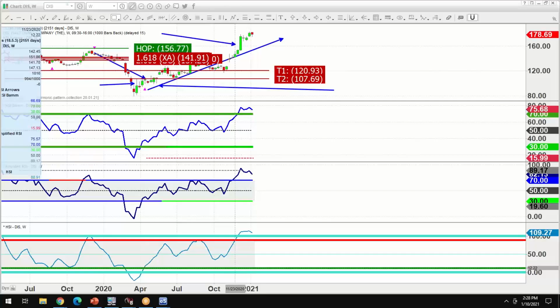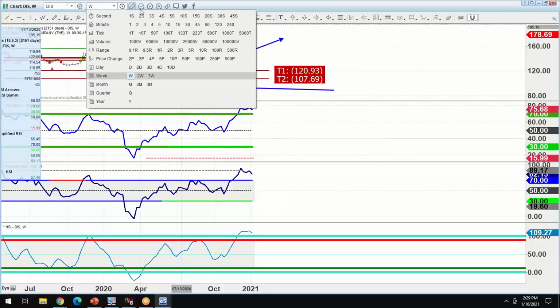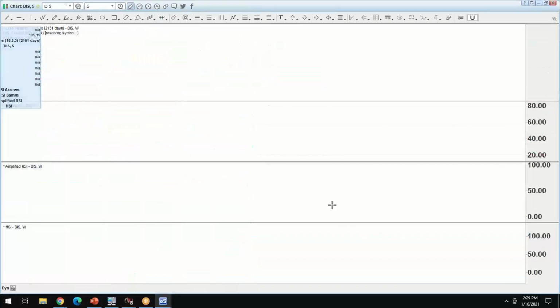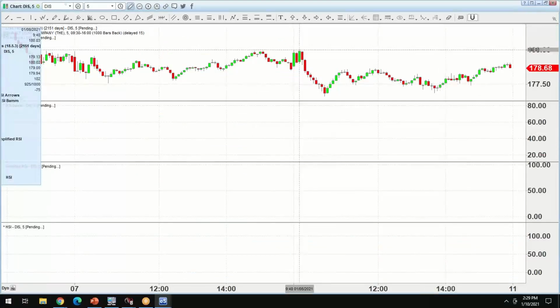Bob asks, why not buy if in a failed pattern? And you can, Bob. I think Disney's a great example. Disney, all right, is this a buy? Is there an opportunity to buy? Well, it's still going up, and it's going to be a while until these indicators roll over on the weekly. So to answer your question, if that's going to fail, show me some 5-minute bullish patterns up here.